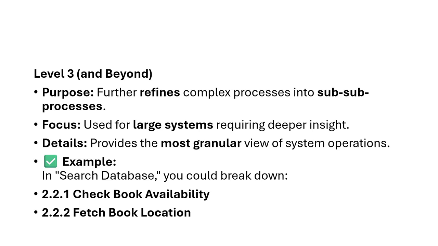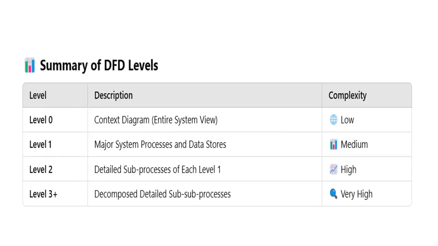Then fetch book location will provide you the detail about the shelf or the rack where that book has been kept by the library person who takes care of those things. So these are the levels of DFD.